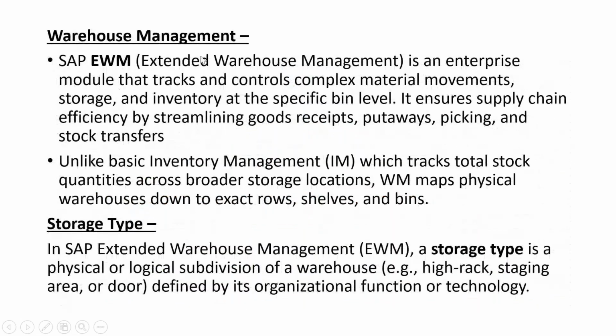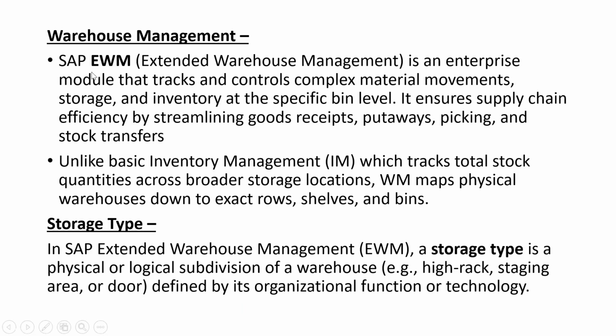Here I'm not separating warehouse management and EWM definitions separately, but I'll explain what the differences are, why warehouse management and why SAP EWM suits our requirement. That differentiation I'll explain after this.